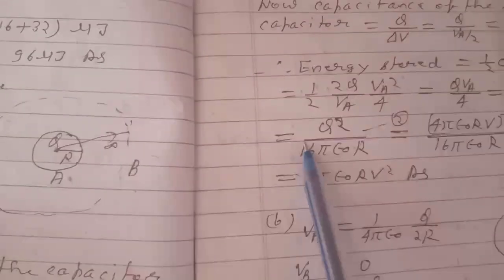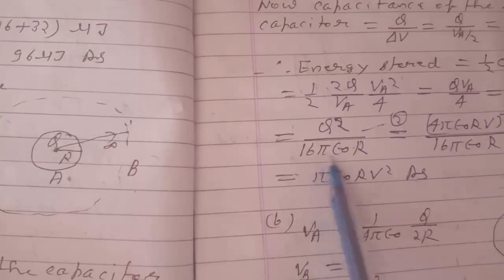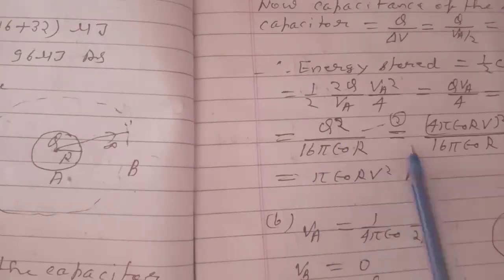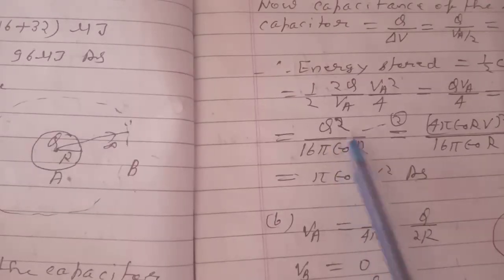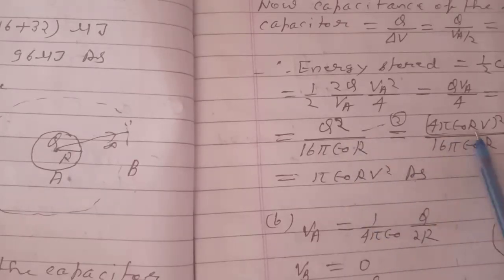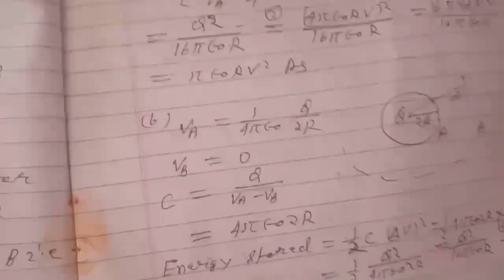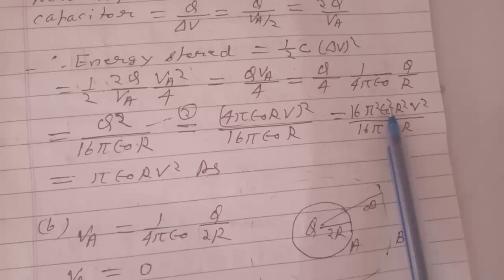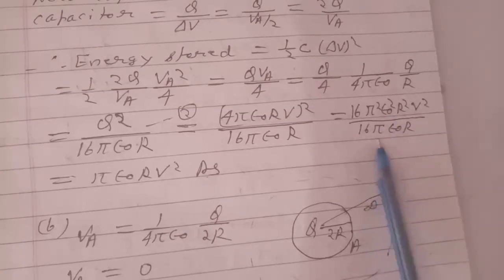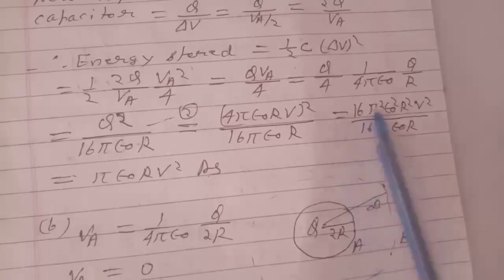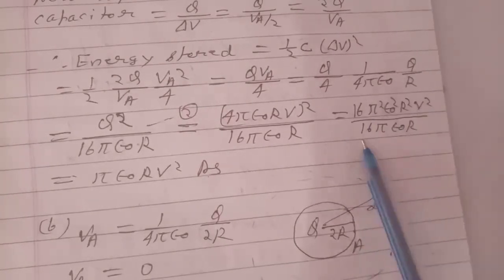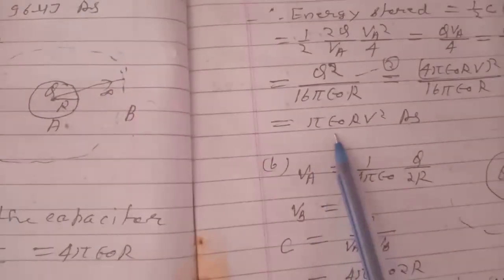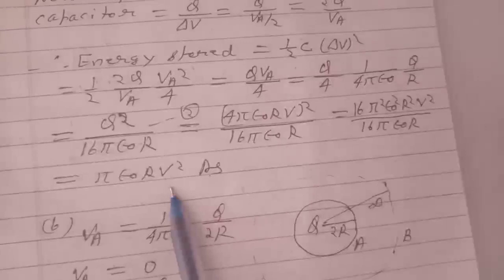So we get Q square by 16 pi epsilon naught R. Using the value of Q, which is 4 pi epsilon naught RV, so 4 pi epsilon naught RV to the whole square by 16 pi epsilon naught R, we have 16 pi square epsilon naught square R square V square by 16 pi epsilon naught R. So we have pi epsilon naught R V square, answer.